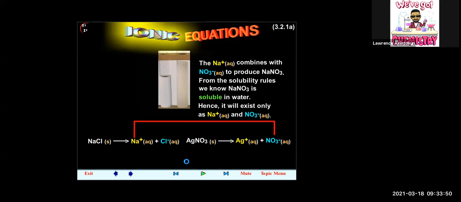All right, one more thing I want to point out here is, when you dissolve salt, sodium chloride, in water, some people will expect, okay, why is the water not in the final equation?